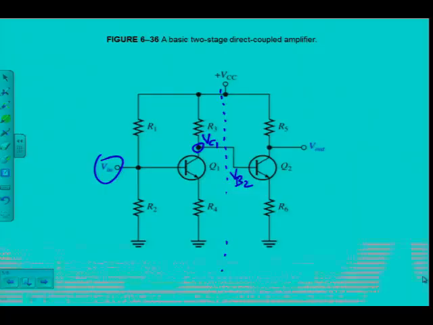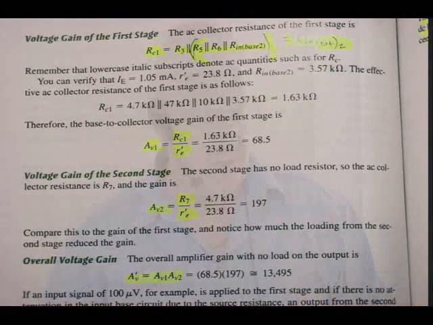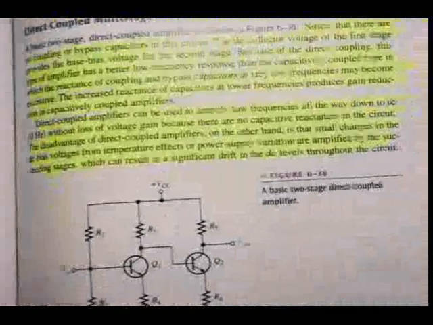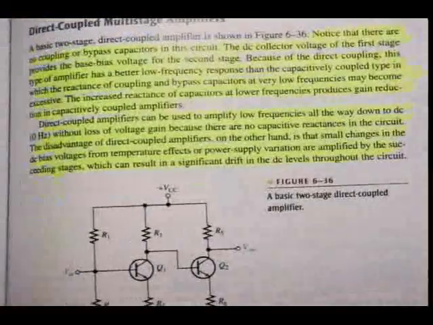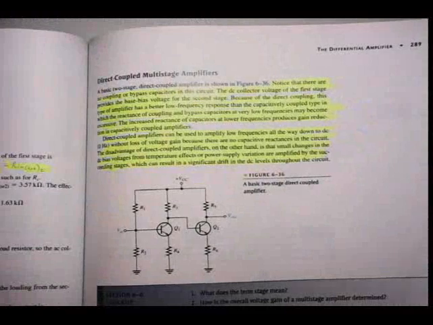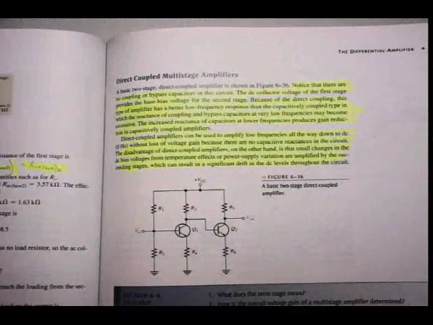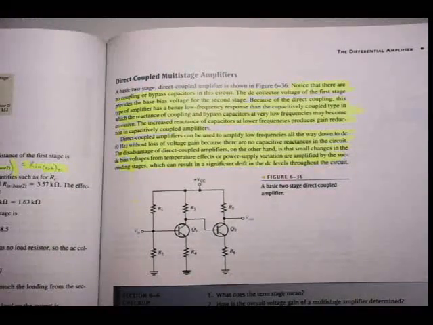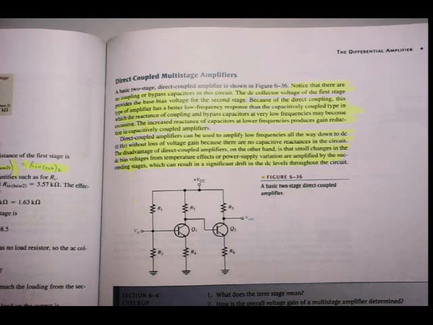Alright, so if we go back to the textbook, I want you to mark some things there on the direct coupled. Notice that there are no coupling or bypass capacitors in this circuit. The DC collector voltage of the first stage provides the base bias voltage for the second stage.